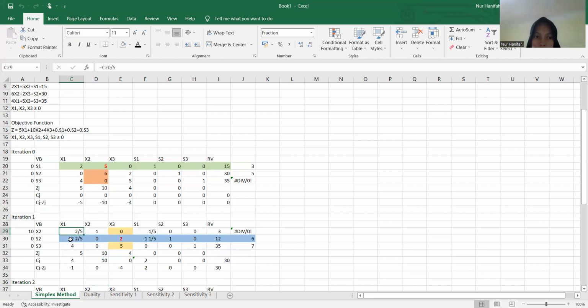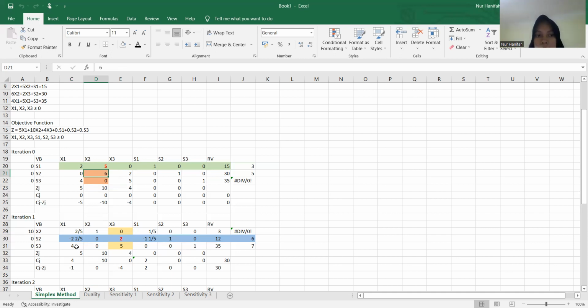And for the other rows, we use the old value in this iteration minus the new value of the key row times the value of the key column, and then it equals -2 over 5, and so on.